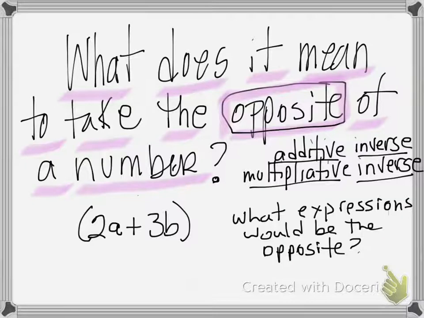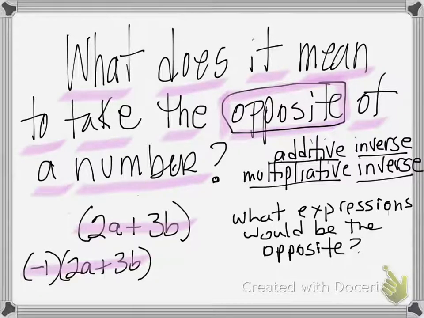Firstly, one simple way to write it might be just like we did before, putting a negative 1 in front of the expression. This represents the opposite of this, simply because we have applied that negative 1, which creates the multiplicative inverse of the expression.